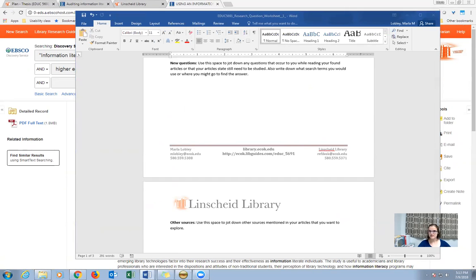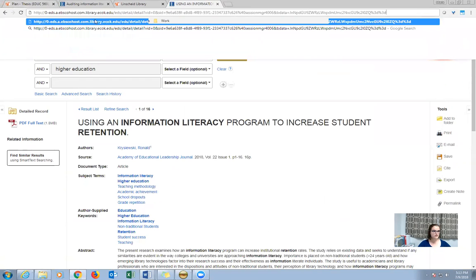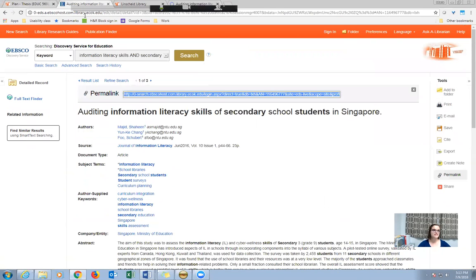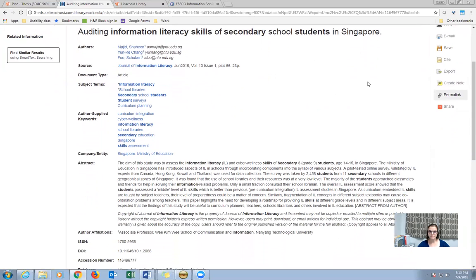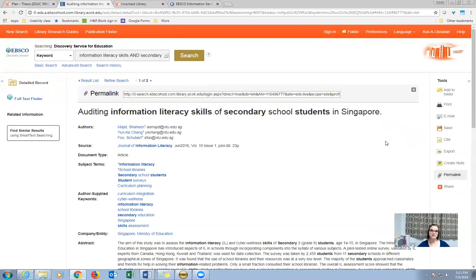So let's say that I have this one study, in the example I used earlier, where it studied exactly what I'm asking, but it was a very small population, in this case, Singapore. And I want to make sure that the results they found are generalizable to the United States.